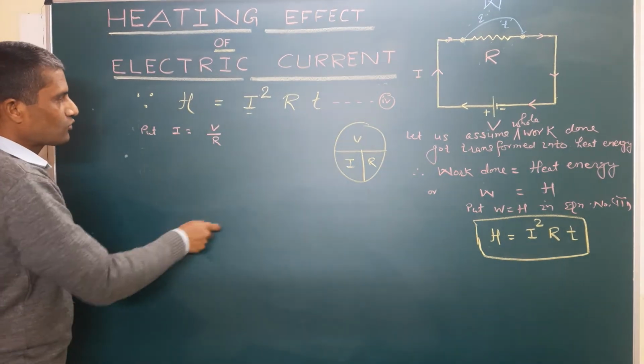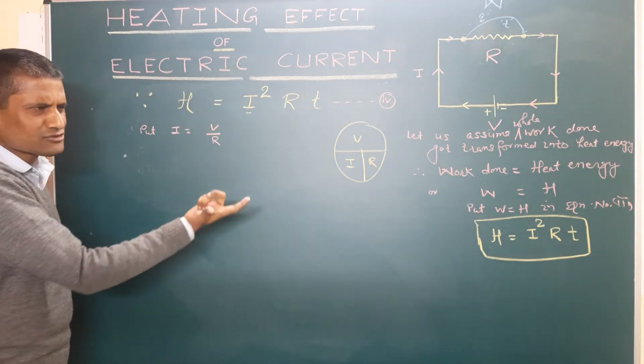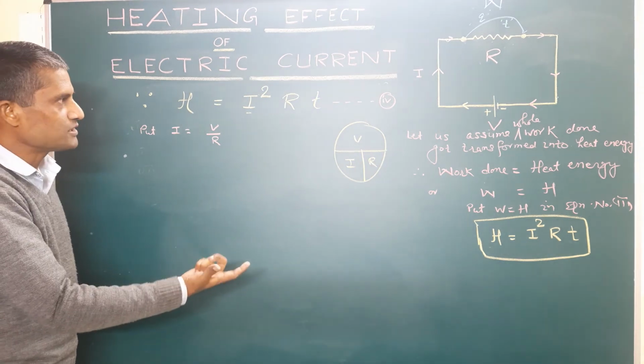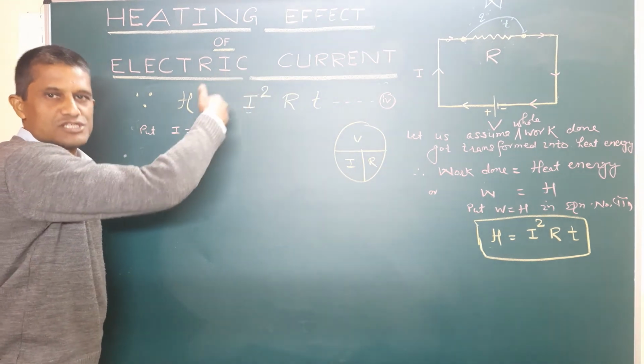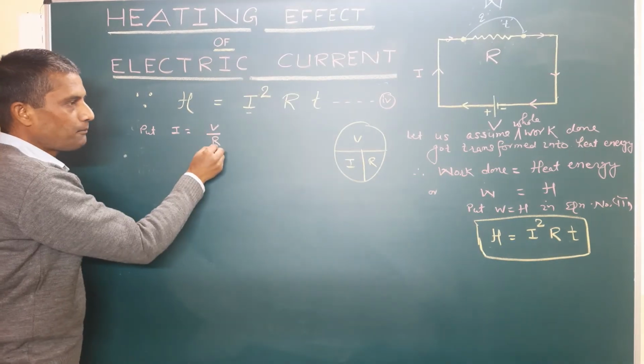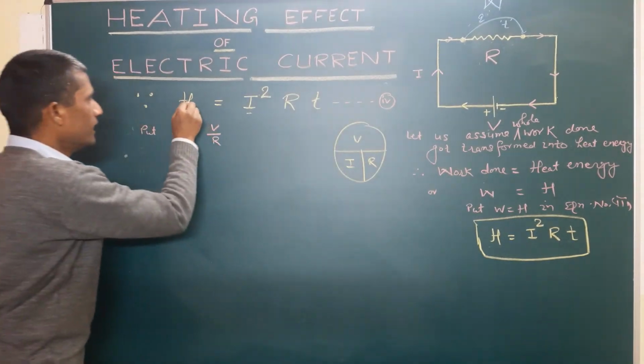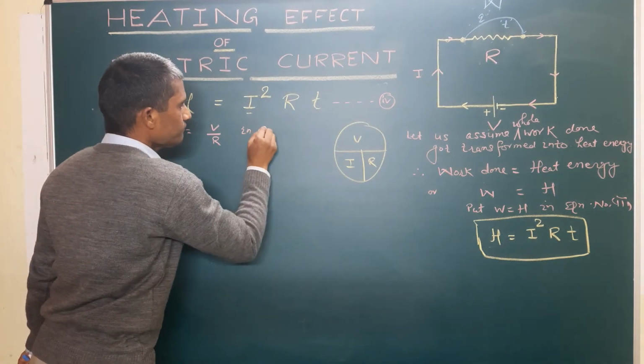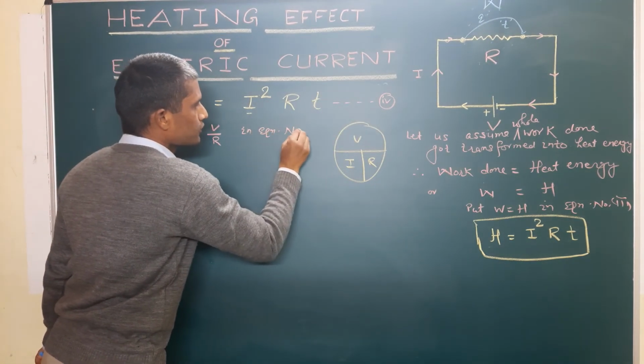So let us have a look at that new formula. That is also going to be Joule's law of heating effect. Same derivation here, just a minor modification. I is equal to V upon R, coming from Ohm's law, and therefore put I is equal to V upon R in equation number 4.